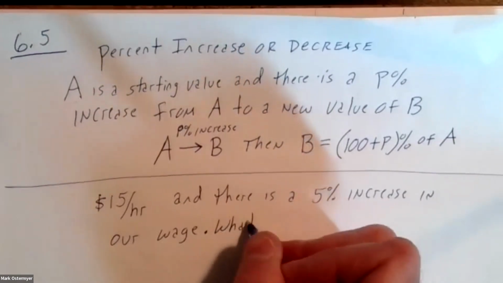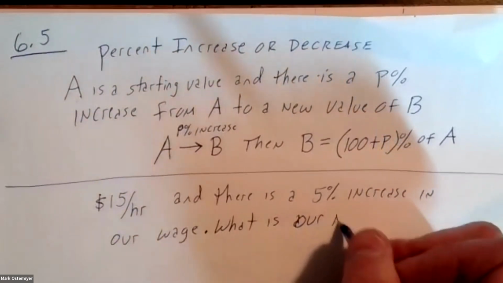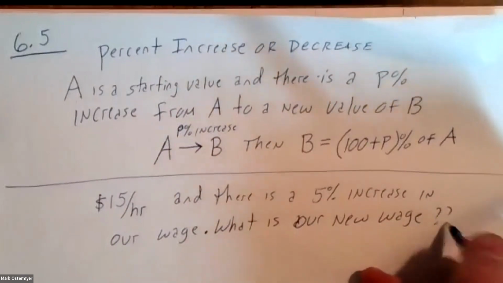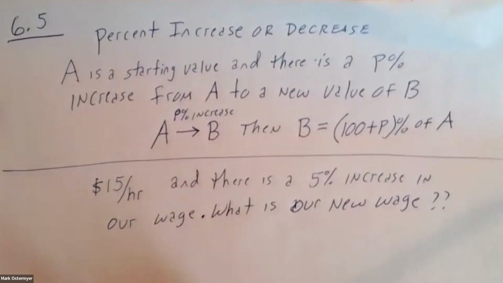Question is, what is our new wage? So we start off with a $15 per hour wage, and suppose we experience a 5% increase. What would be the new value of our wage? How much are we going to be making after that 5% increase?